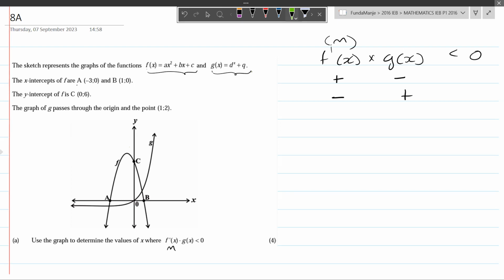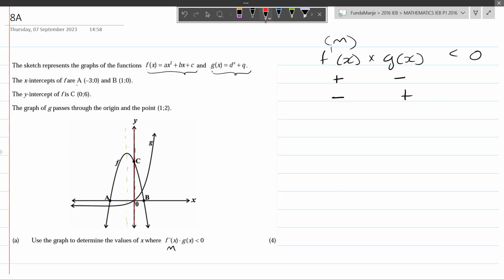Here it's going up, so it has a positive gradient, and here it's going down, which means it has a negative gradient. This is definitely worth considering, because this is where a change occurs. Then for the graph of g, we can see that its change occurs at the origin, or at the y-axis line, because that's the point where it goes from being negative to positive.